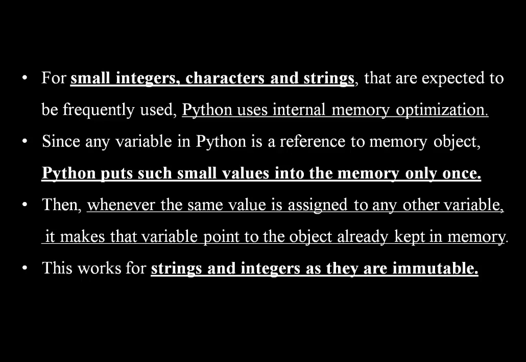So it will make B also point to 10. So this is the optimization technique Python uses for small integers, characters and strings. So it's not only for small integers, for characters also. I'll show you that in the upcoming slides.